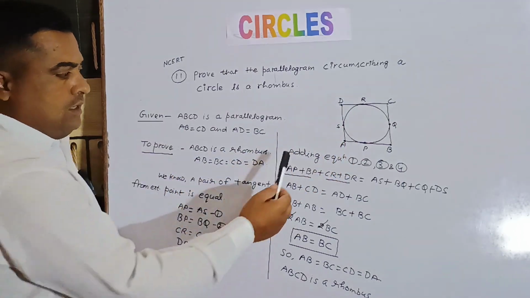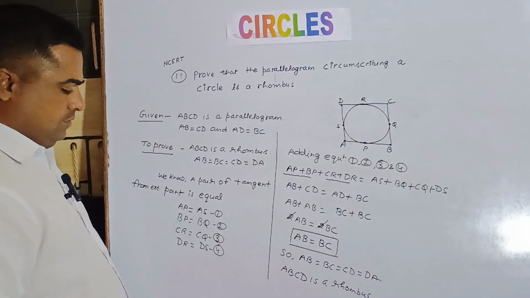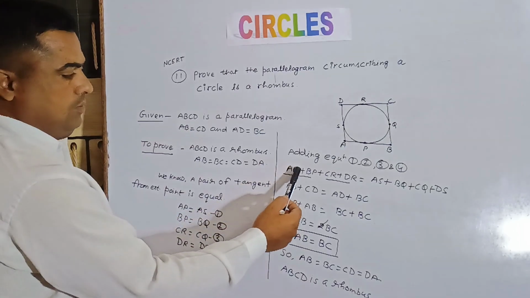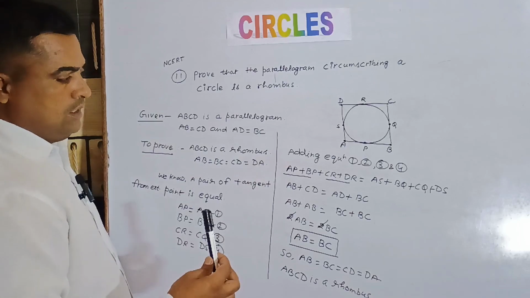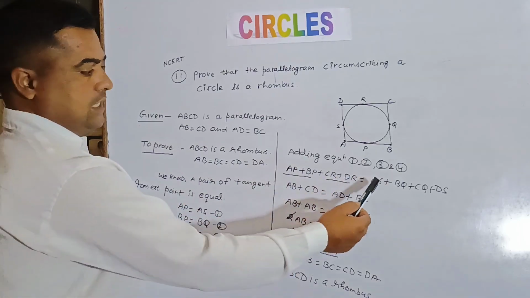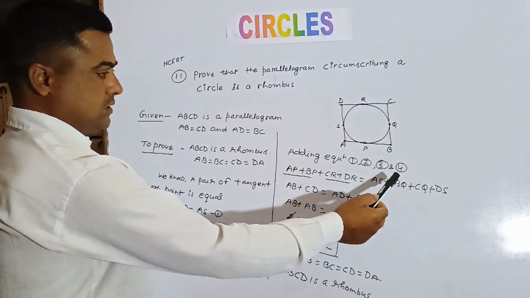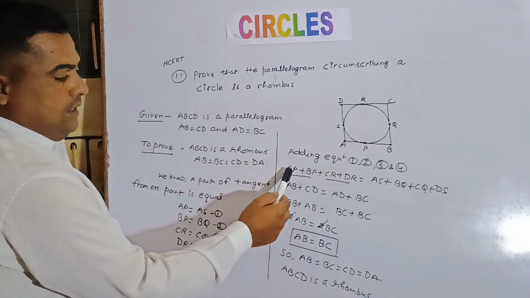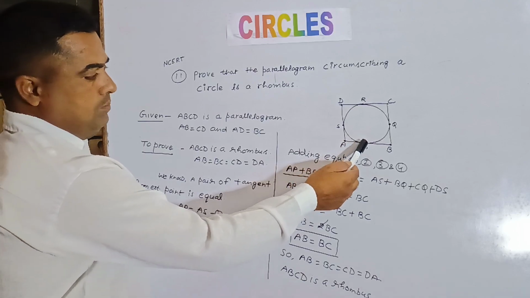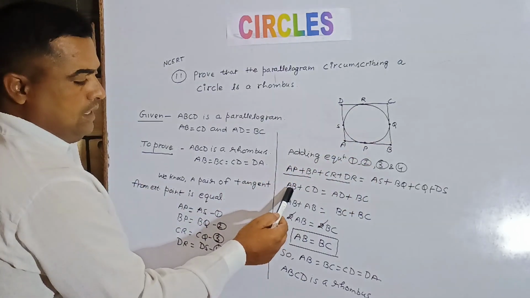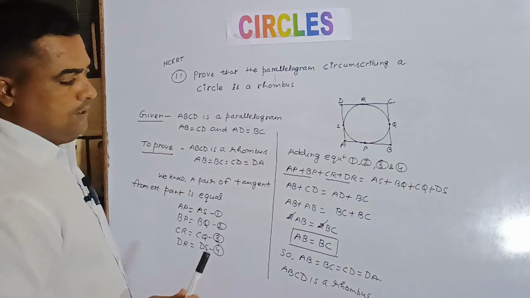Now adding equations 1, 2, 3 and 4, we will get AP plus BP plus CR plus DR is equal to AS plus BQ plus CQ plus DS. Now AP plus BP will be AB, so we have written AB in the place of AP plus BP.